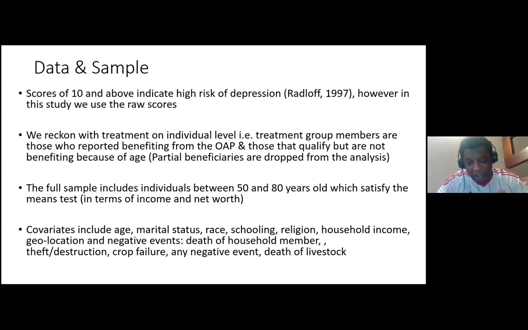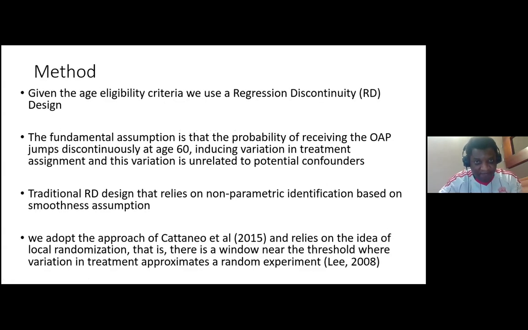We also control for geolocation and, importantly, negative events that occur in the household, things like death of a household member, theft or destruction of crop or property, and all those negative events. That information is available in the NIDS data, and we control for all those variables.